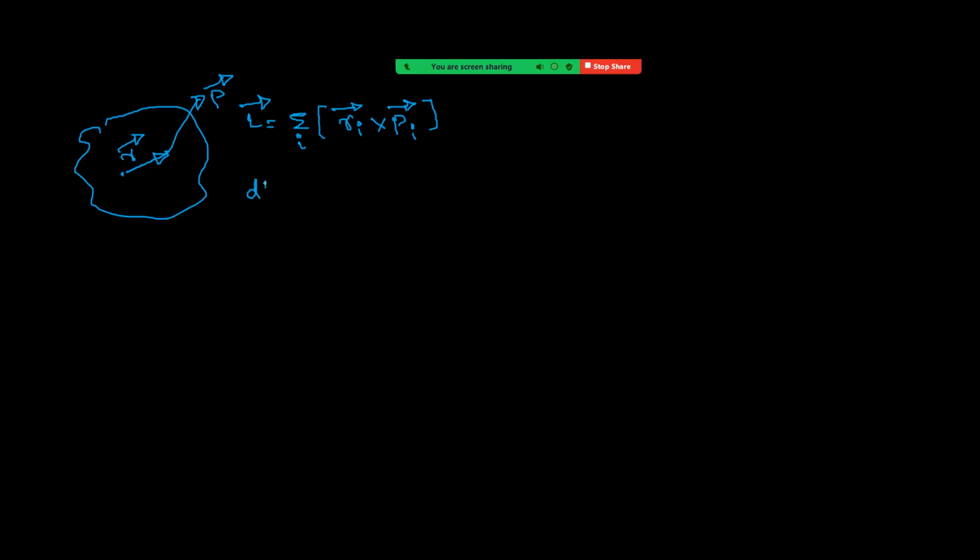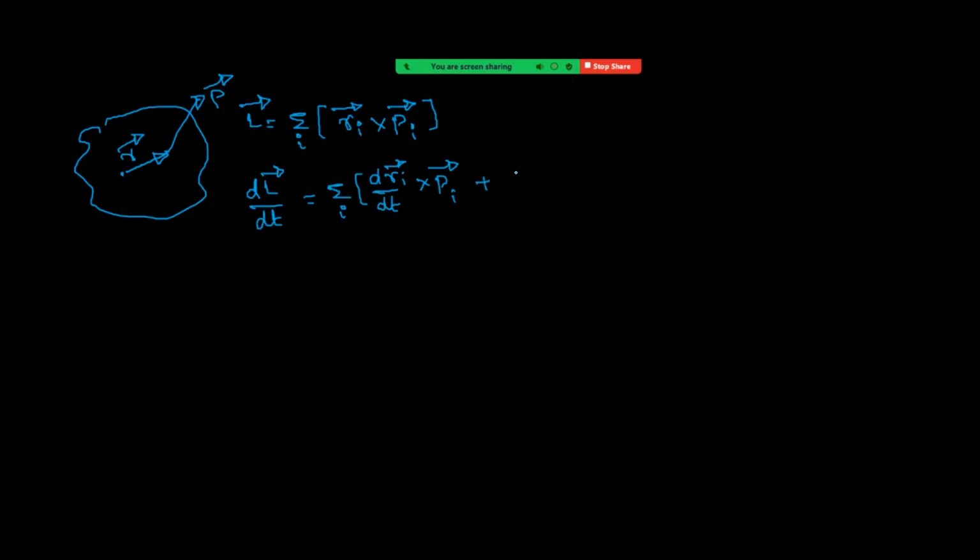Now it is dL bar by dt, that is equal to summation. Let us differentiate the position vector by keeping the other vector constant. It is dRi bar by dt cross Pi bar.